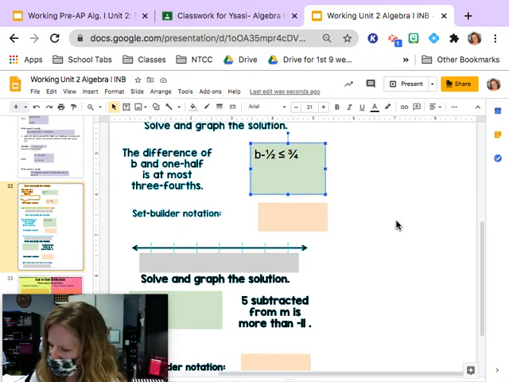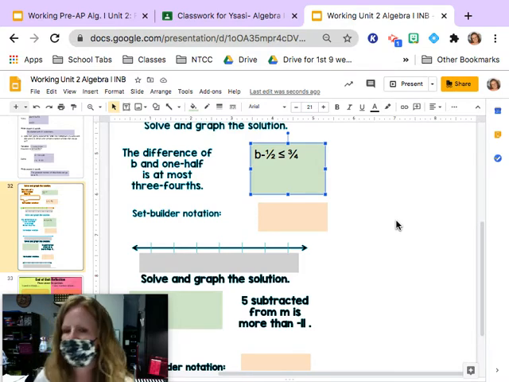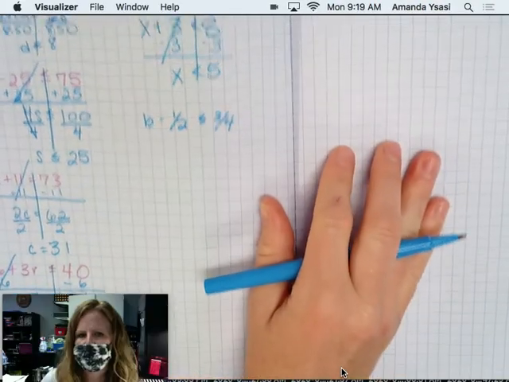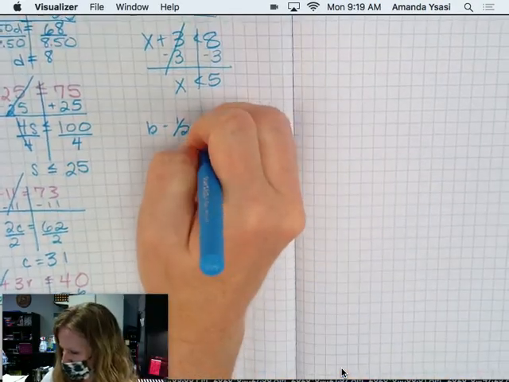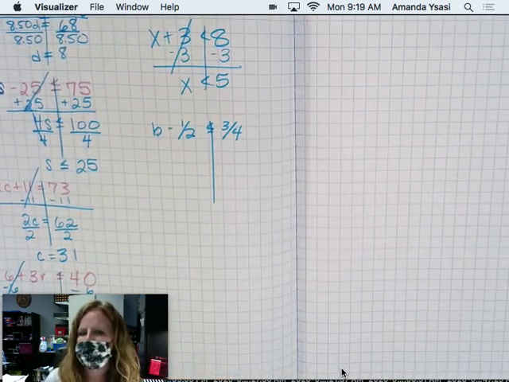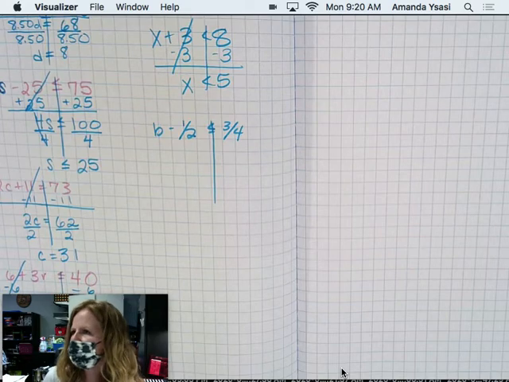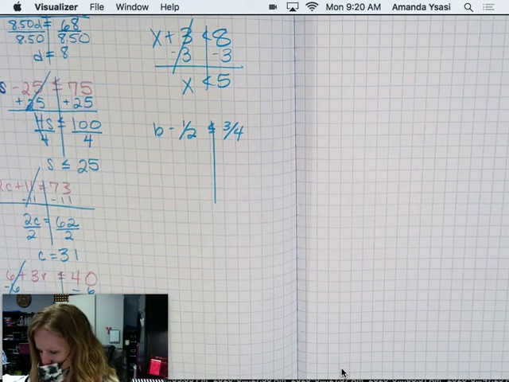Okay, so write that down. b minus 1/2 is less than or equal to 3/4. How can we make this easier?